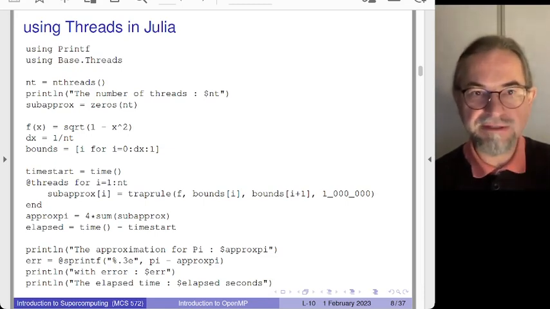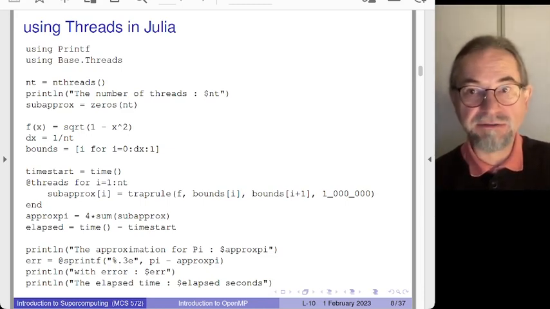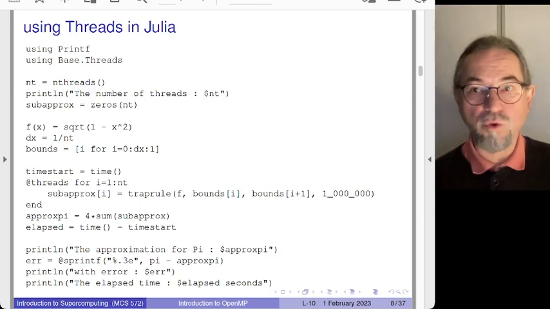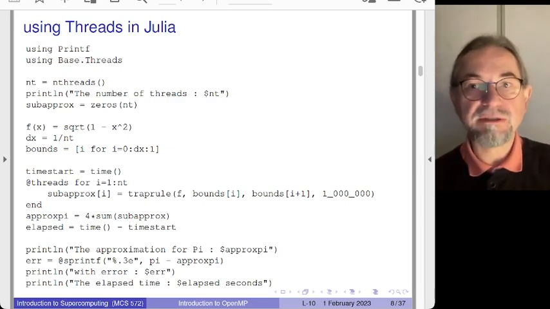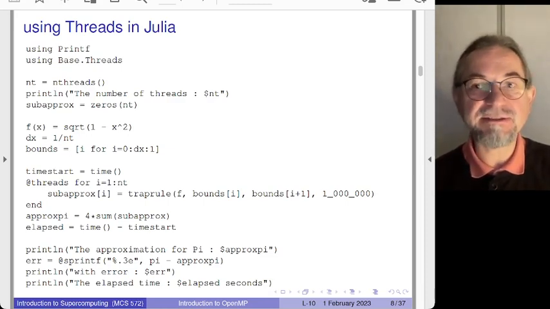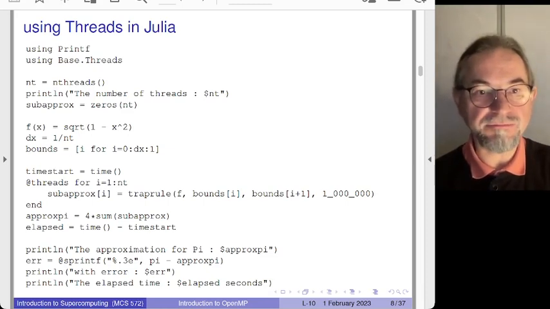Julia takes care that all the local variables in the function stay local to the threads. Every thread has essentially its own copy of all the local variables that are sitting inside this function.